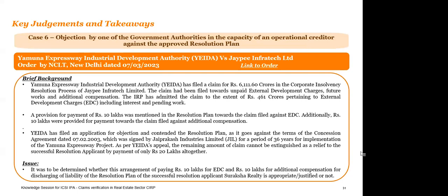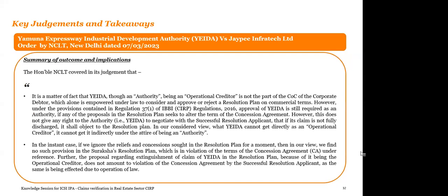Here NCLT heard this matter, heard both the parties, went through the concession agreement that was signed for 36 years between Yamuna Expressway and JP, and they judged that it is very much clear that EIDA is a statutory authority and they have filed their claim as an operational creditor.